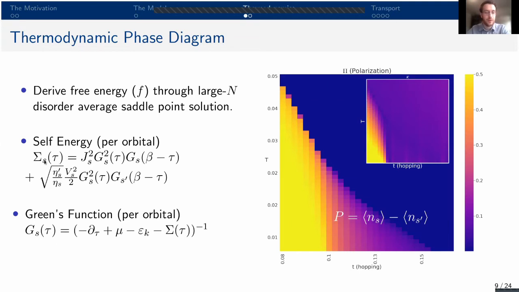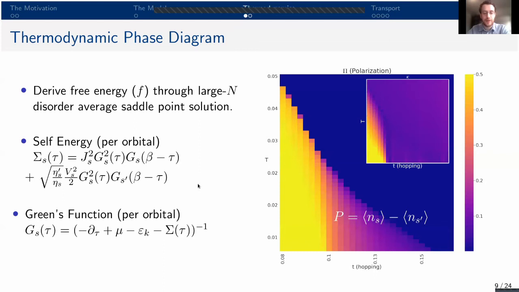So what I have is, per orbital labeled S, sigma and G. You can see here sigma, the first term is the self-energy that is typically present for an SYK model, plus another SYK type self-energy switching between the flavors, weighted by the population ratio, this eta, of the 2 flavors. And then the Green's function just has an added epsilon k dispersion.